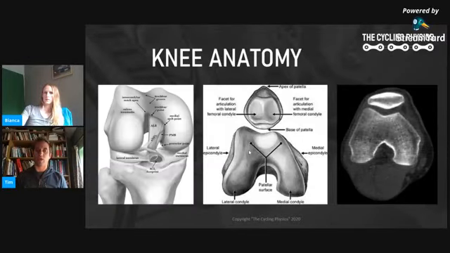So we're just breaking down that knee anatomy and highlighting a couple of things here. There's that difference between the medial, the inside, and the lateral, the outside part of the knee. Then showing you the x-ray, or the slice through the knee, it serves a purpose.